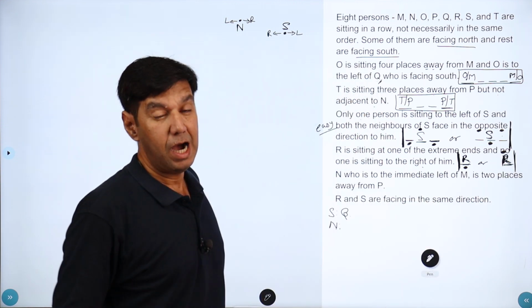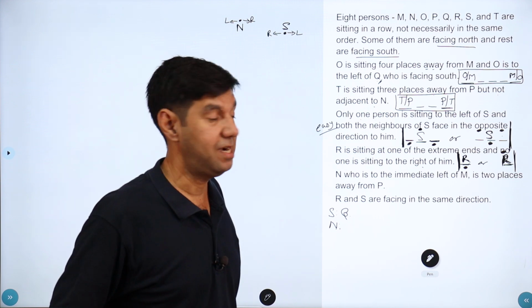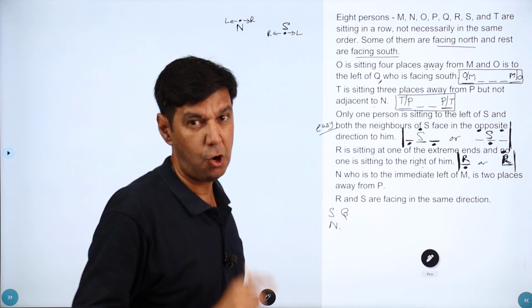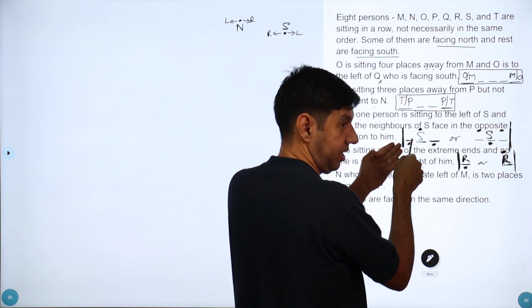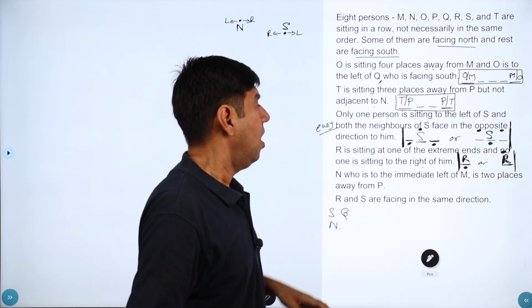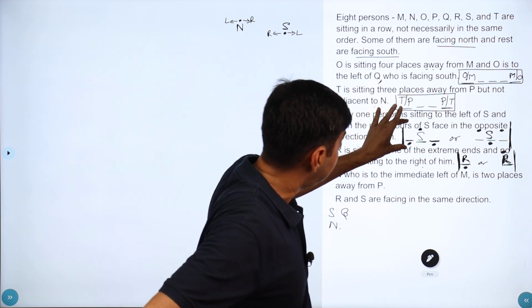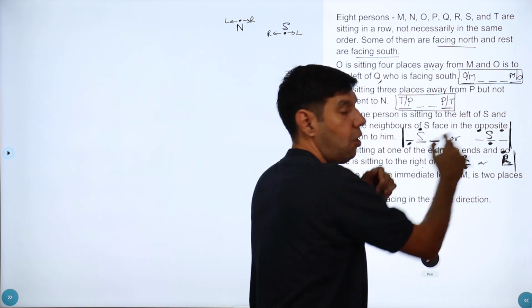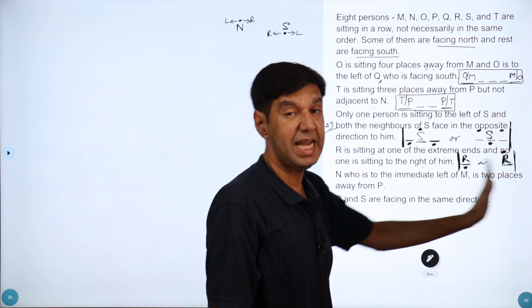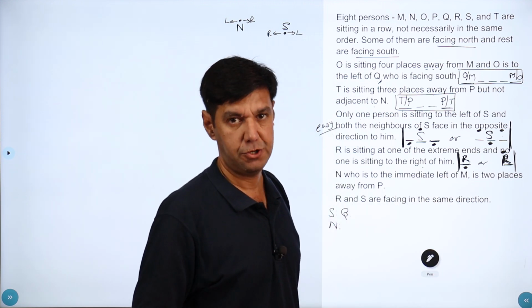Now, why this set is difficult is, there is a point where someone might say, oh, R is at left end, so put R over here. Students, we don't know whether this, so the first case is it could be 1 or 2. This independently could be 1 or 2.